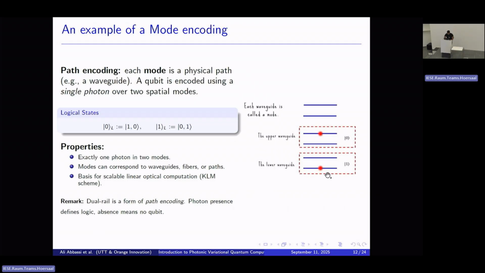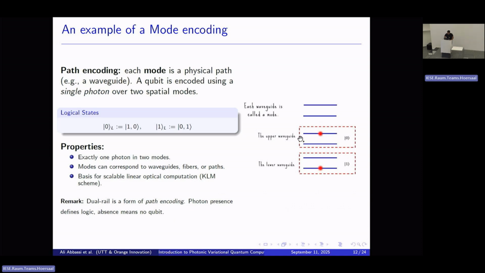The dual rail encoding, so I was telling you, bear with me, a mode, so a boson in a mode. One very easy way to think about it is the optical fiber. You send data through it, you send a signal. So now think about sending a photon in some waveguide. This waveguide is a path. So this is a representation of a qubit with photons.